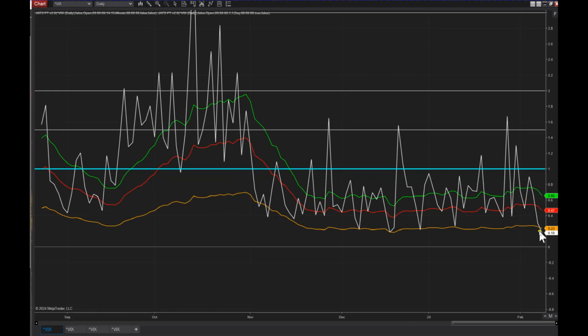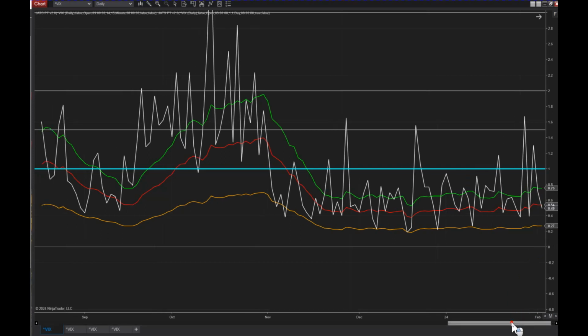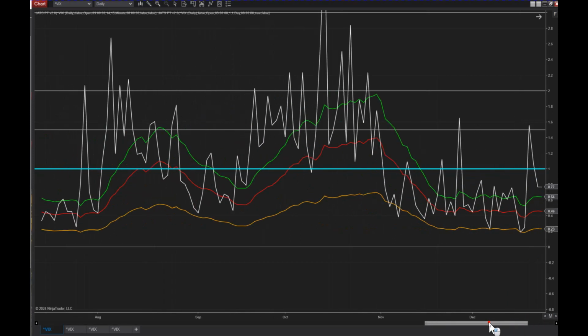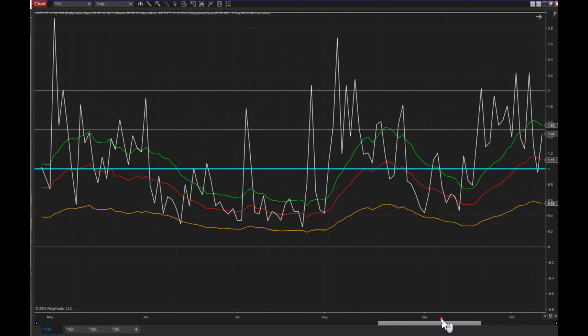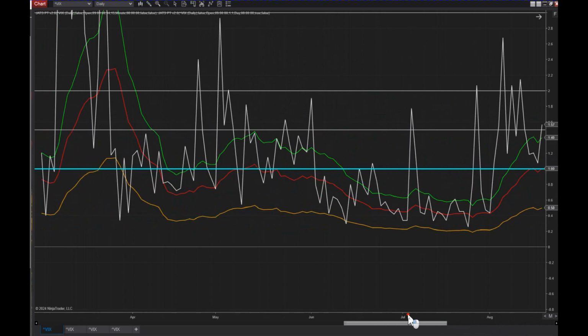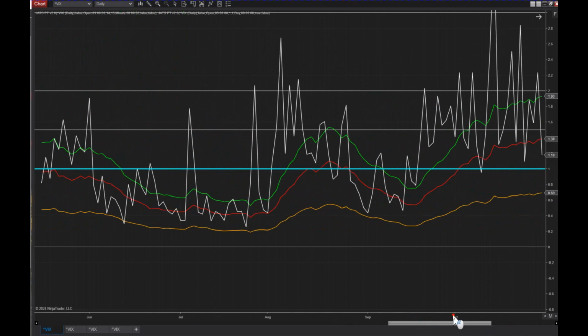I don't know if that makes any sense to you, but you can see here that the white line is our current daily vol on a one period basis, and we're below the 23% of the 34%. We're at 18%. So we're in historically extremely low volatility as represented by these low ranges that we've had in the equity indexes. So that's why the equity indexes have been so pinned.